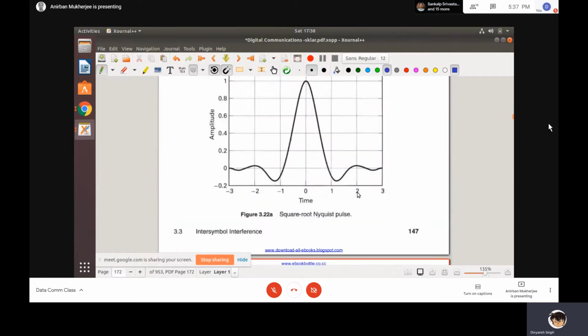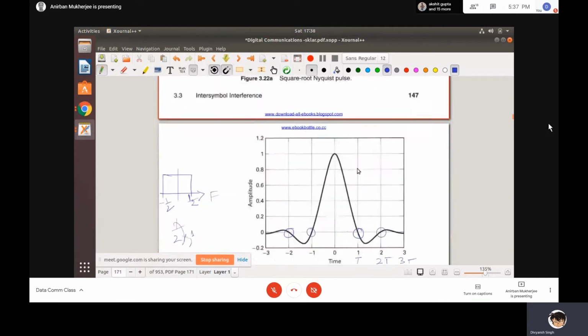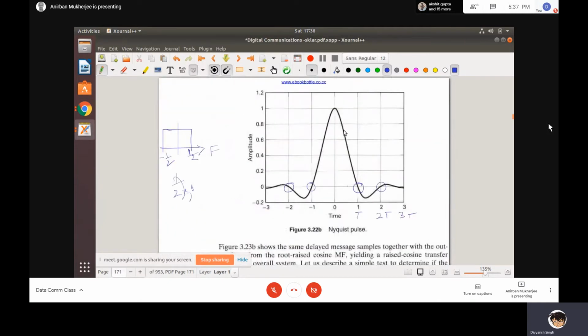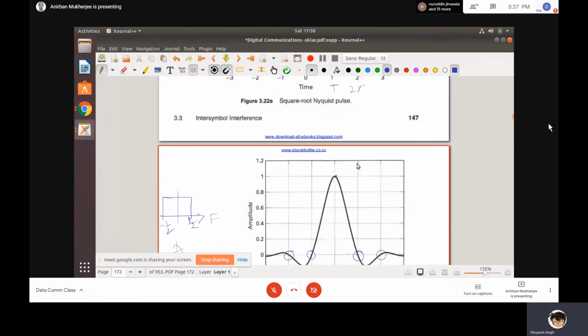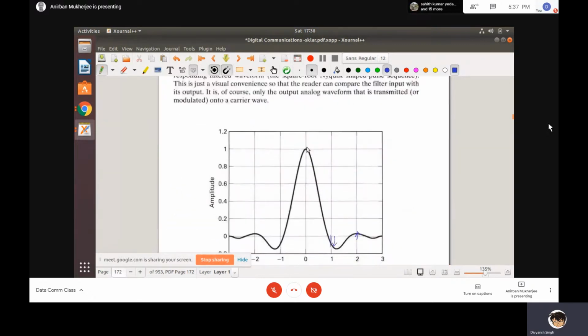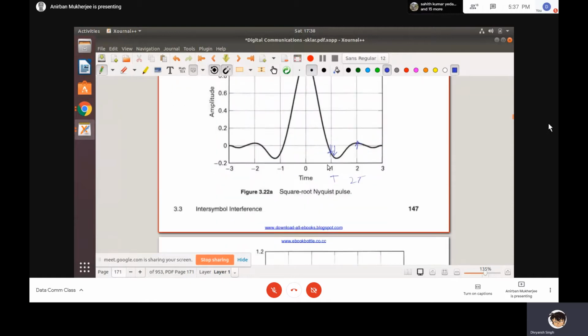But in this square root Nyquist pulse, at t equal to t, 2t, you see that it is not doing the zero crossing. It is going down at t, and at 2t it is going up. For the Nyquist pulse, from 0 to t it comes from 1 to 0, but here it comes from 1 to some amount, some 0.1, maybe minus.